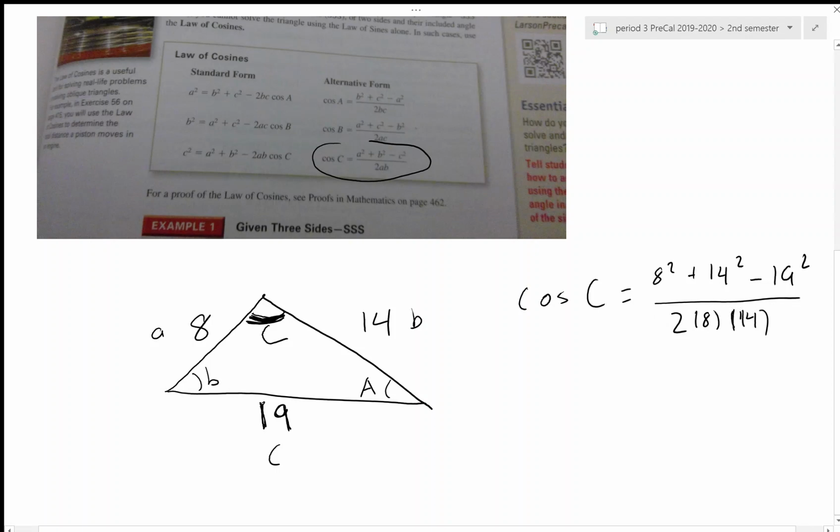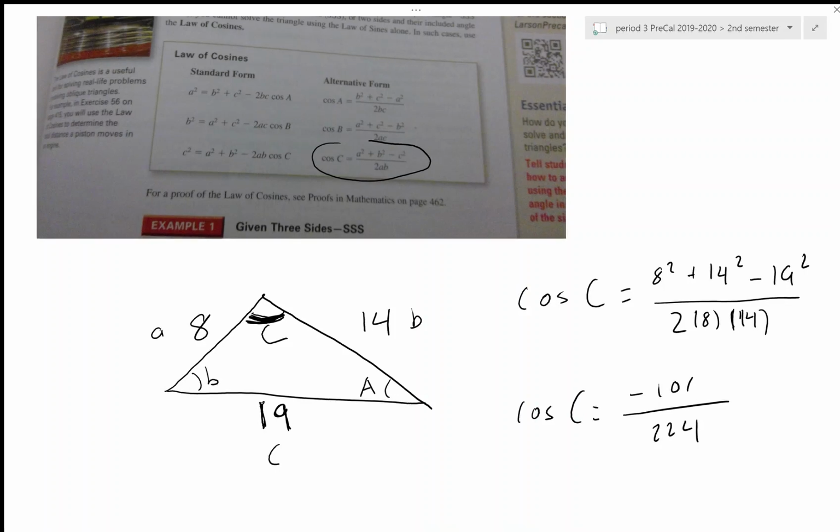Put that in the calculator: 8 squared plus 14 squared minus 19 squared. The top is negative 101. The bottom is 2 times 8 times 14, which is 224. So divide those, negative 101 divided by 224.